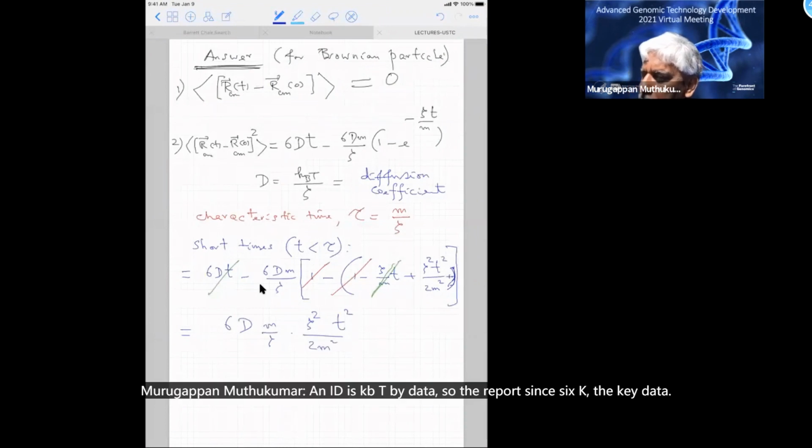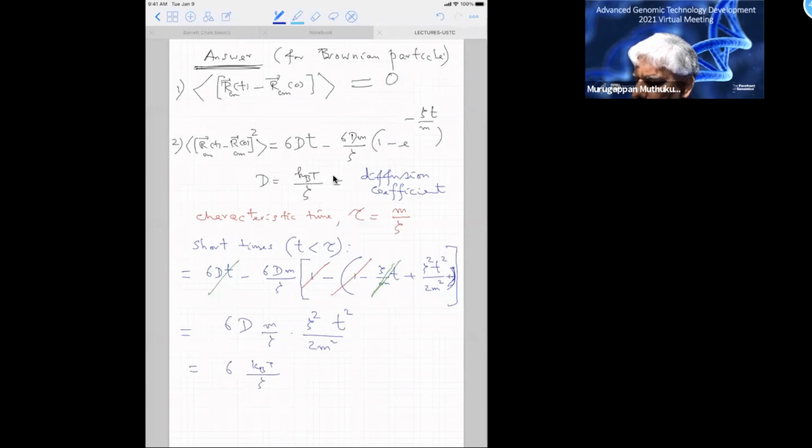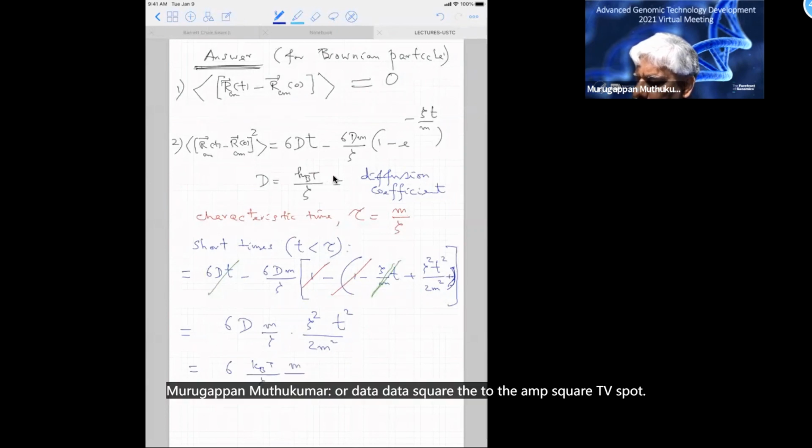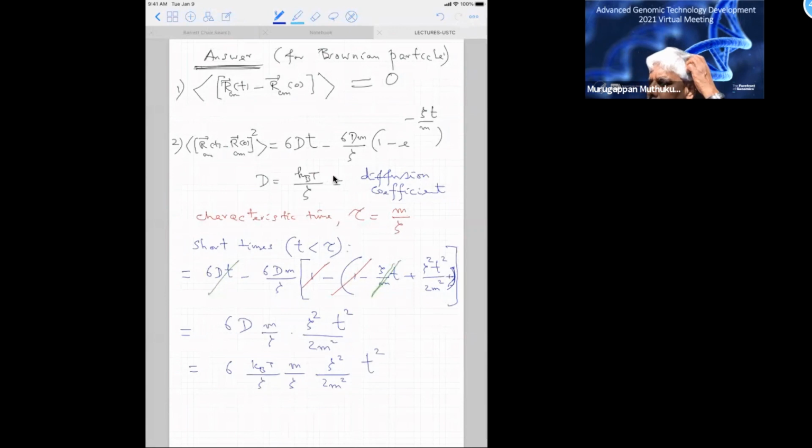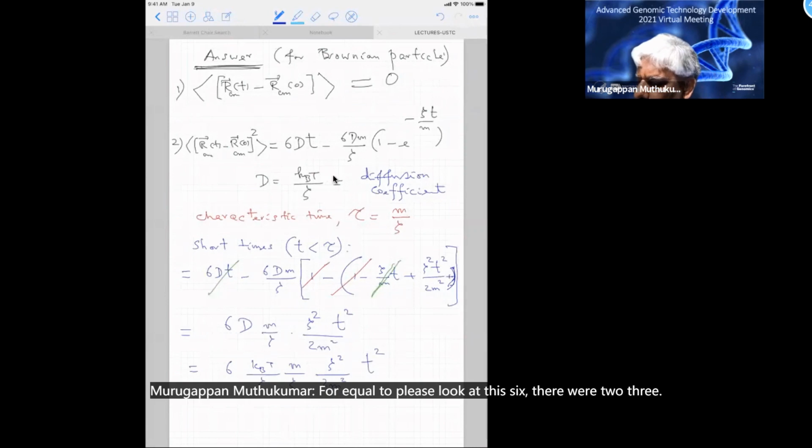And d is kBT by zeta. So this is equal to 6 kBT over zeta, times m over zeta, times zeta square t square over 2 m square.